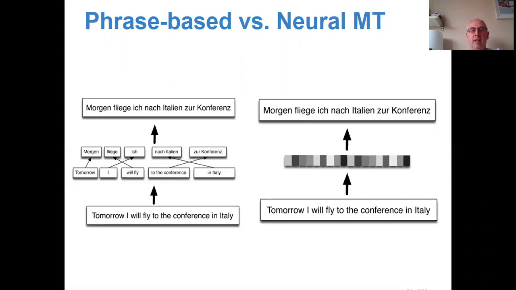In neural MT, we have available to us the hidden state of the network at the very end of processing the whole source string. So we have the context, the history of what the neural network did in order to process the whole string. And this hidden state is what is input into the decoder.